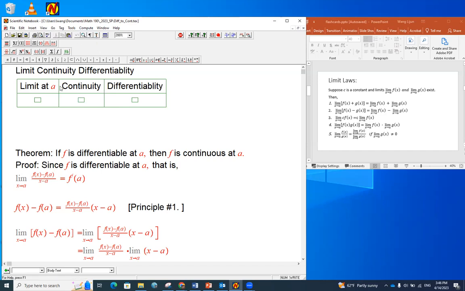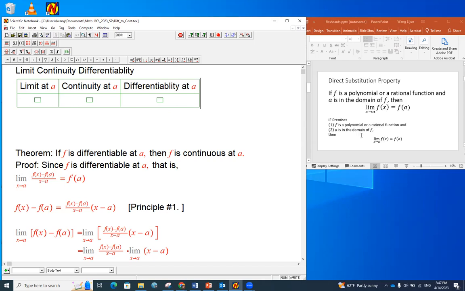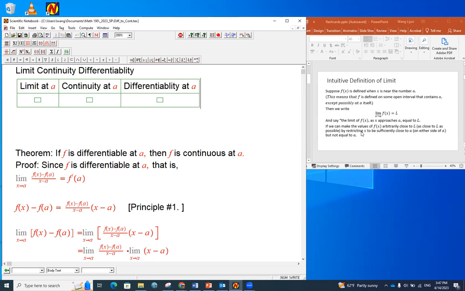We understand their definitions, and we're going to bring these definitions to our table.